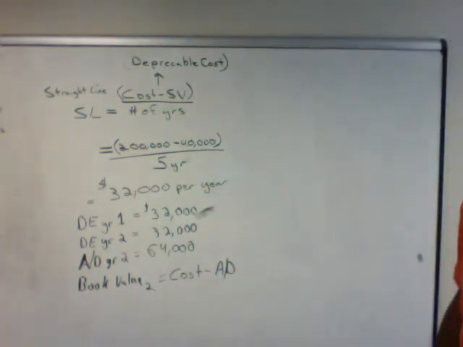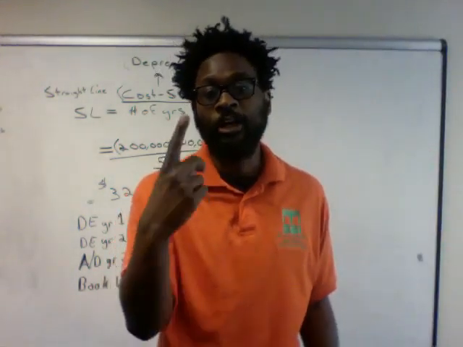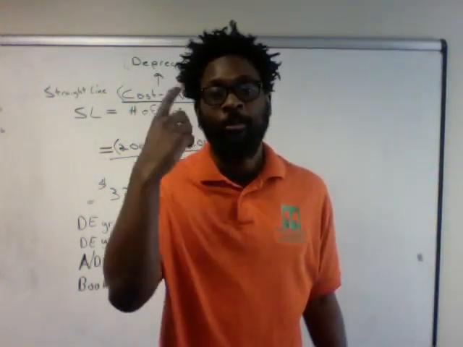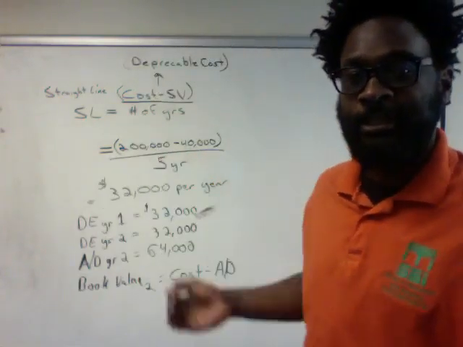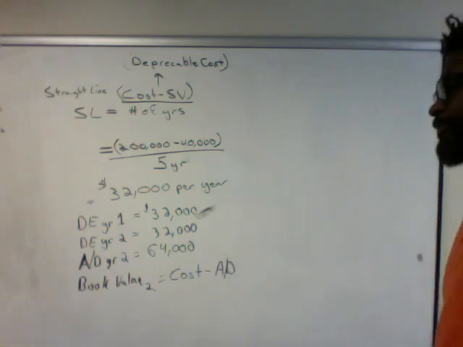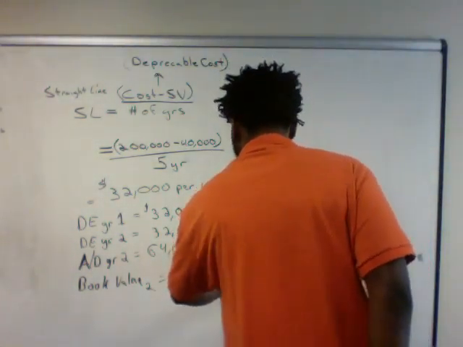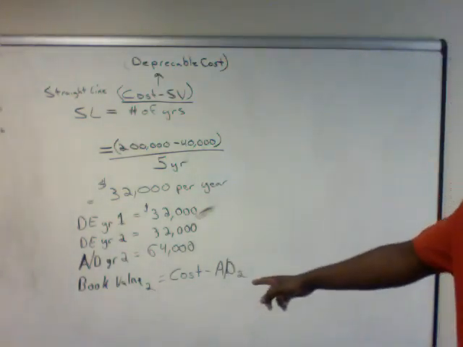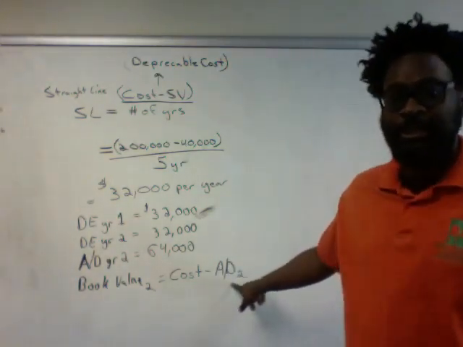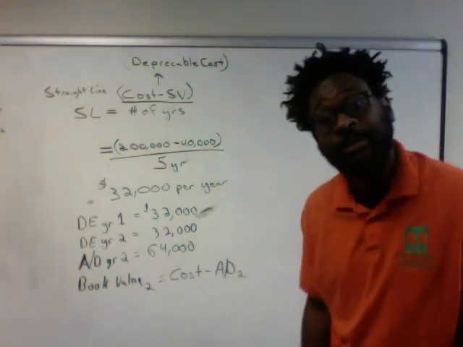Cost minus accumulated depreciation will always give you book value. And so cost will never change, but accumulated depreciation will every time you depreciate it at the end of the year, right? And so for me to calculate book value for year 2, I first need to find out accumulated depreciation for year 2, right? And so we've already discovered what accumulated depreciation for year 2 is because we calculated it right before that, $64,000.